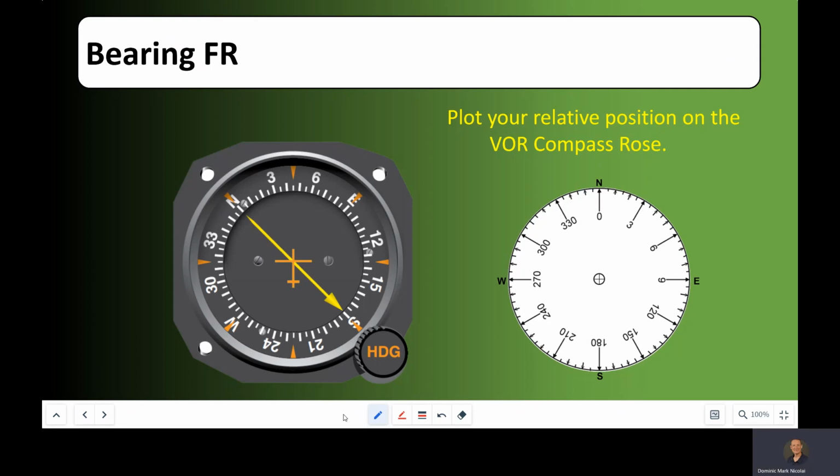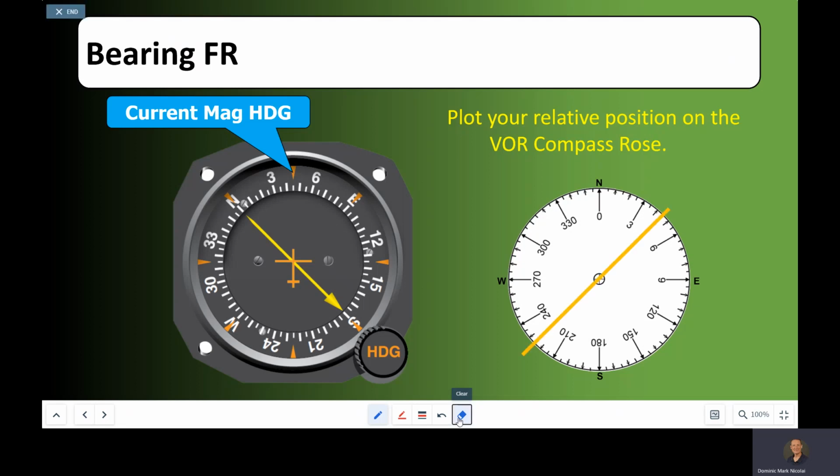We do have magnetic heading, so the aircraft is actually on a heading of 045 degrees here. As long as we got magnetic heading in our display, we look at the tail. The tail instantly tells us our bearing from the station. And since our tail's on 360, that is our position.